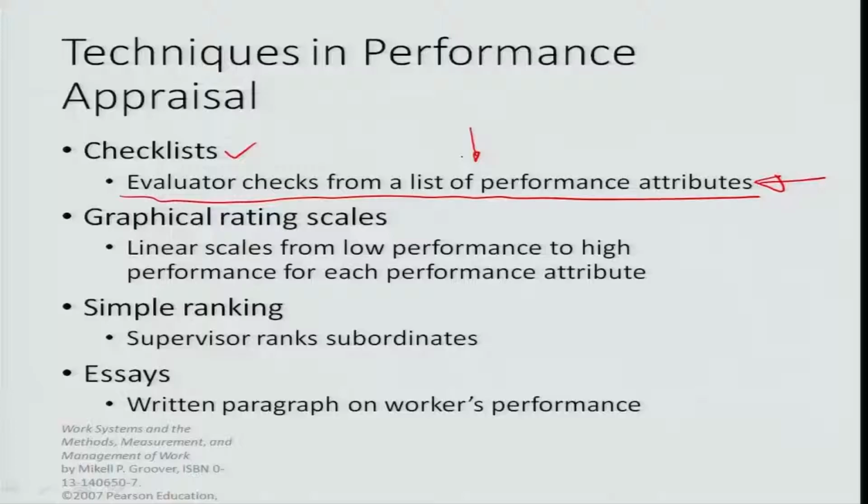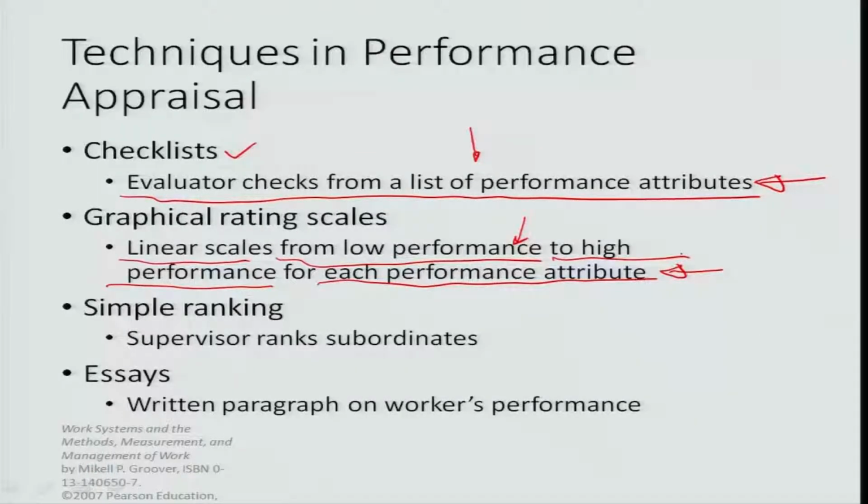There are also graphical rating scales, which are linear scales starting from the lowest performance index to the highest performance index. Okay, and this is done for each of the performance attributes, so that there is an idea of where the employee falls and what his traits, weaknesses, and strength areas are, and so on and so forth.